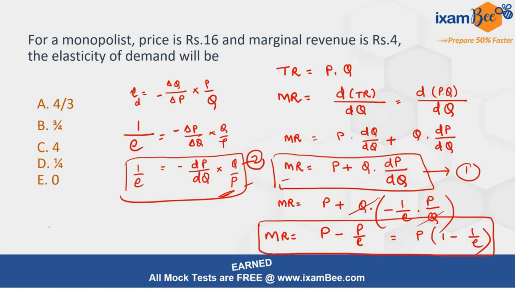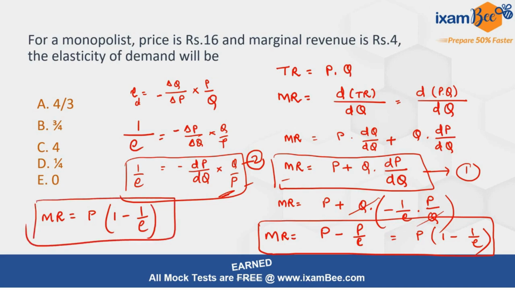So the relationship is that marginal revenue is equal to price times 1 minus 1 upon elasticity of demand. If you have marginal revenue, which is 4, and price, which is 16, you have to find out the elasticity of demand. You can easily find it using this expression.